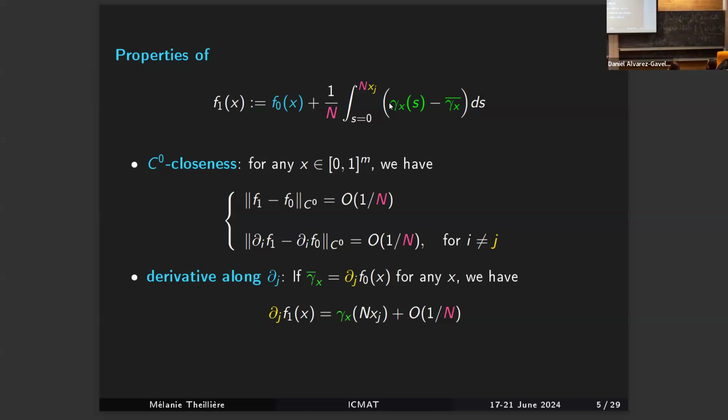And now something happens in the direction of corrugation. If we want to take the derivative in the direction j, we have a term coming from here. Now if we look at this derivative, we have a new term coming from this derivation, and we still have this in direction j.